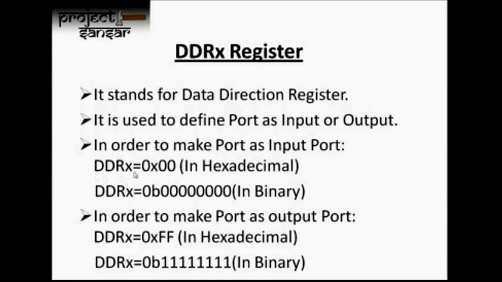So when we write DDRB or DDRC or DDRD as 0x00 or 0B0000, depending on the number of pins, for port B it would be 8 zeros, for port C it would be 7 zeros, and for D 8 zeros. So the entire port B, C or D would act as an input port.